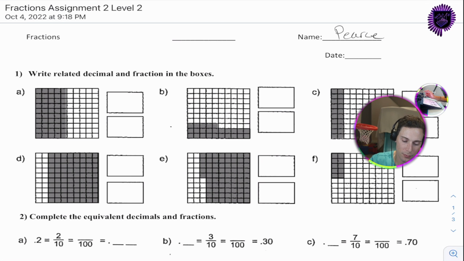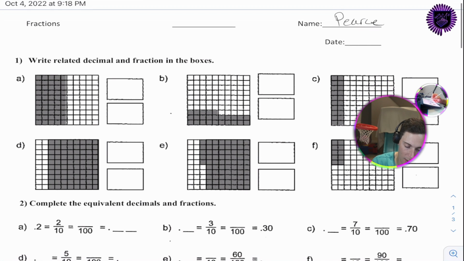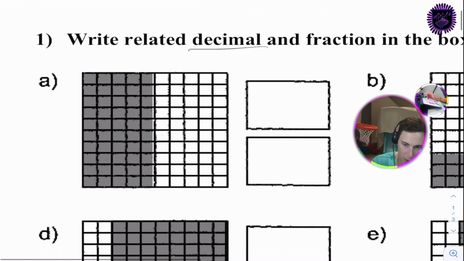Let's go. So the first one says, write related decimal and fraction in the boxes. I think I'll start with decimal because it says decimal, and I'm just going to zoom into box number 1.